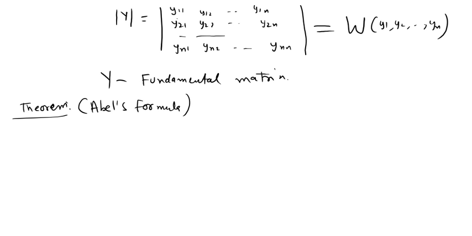So maybe you have studied this formula in second order ODE as well. This formula basically writes the Wronskian in terms of an exponential function. So this is a way to write a Wronskian.